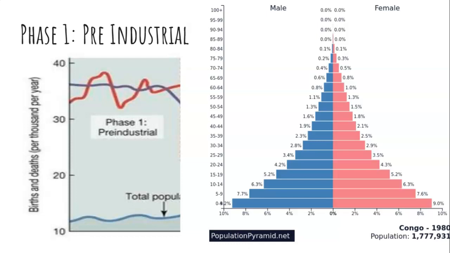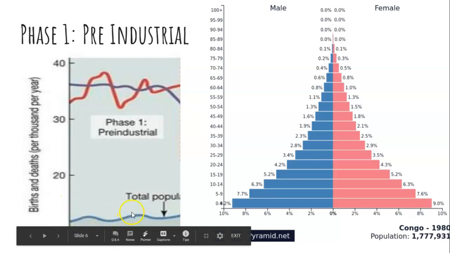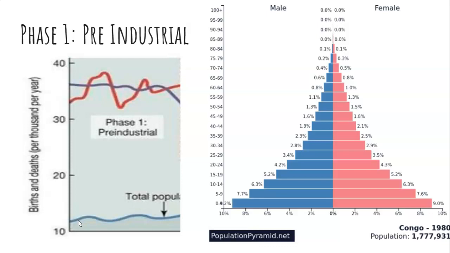All right? And it's during this phase that you'll also notice that death rate is still relatively constant, but it's also very, very high, right? So we have a high birth rate that fluctuates, and we have a high death rate that's fluctuating as well. This is a period of time where, as you can see at the bottom, total population is staying relatively constant, right? It has small ups, maybe some small downs. Maybe it's growing, but it's growing very, very slowly, right?